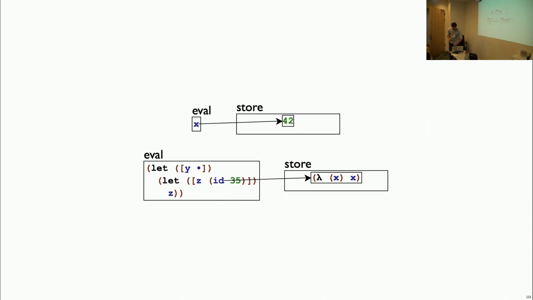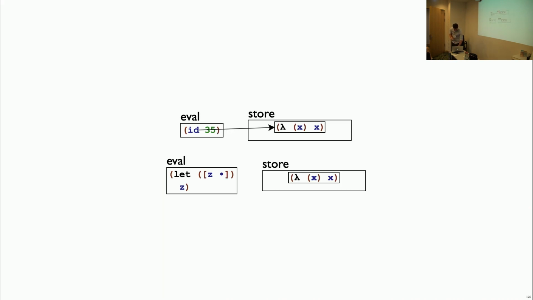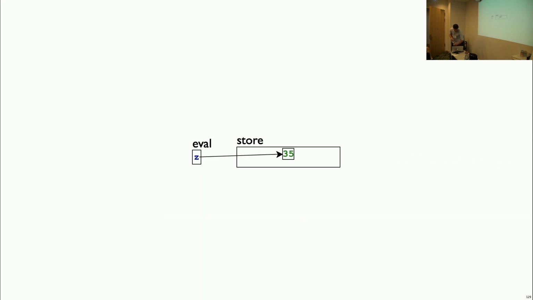And when we call it, that identity function is no longer reachable with respect to that expression, so we garbage collect it. And then we return. And here, 42 is not reachable, so we can garbage collect it, and so on. Okay, so without any access to the continuation, we've been able to perform garbage collection.